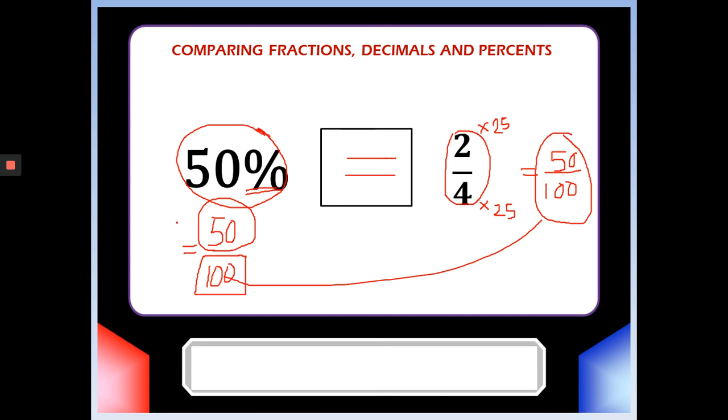So 50 out of 100, if you divide this by 50 and this one by 50, 50 divided by 50 is 1, and 100 divided by 50 is 2, so 1/2. Let's try this one. 2 divided by 2 is 1, and 4 divided by 2 is 2. So this is still half. So all of them are 1/2. Okay, that means they are equal.